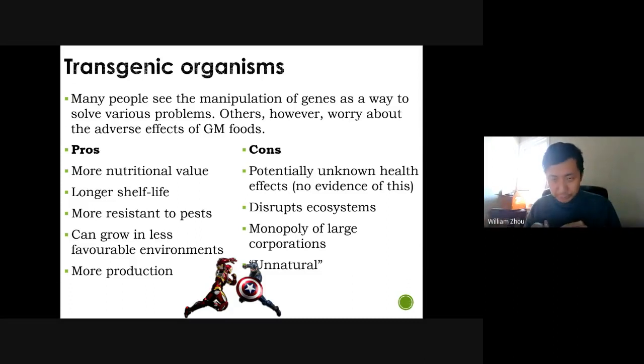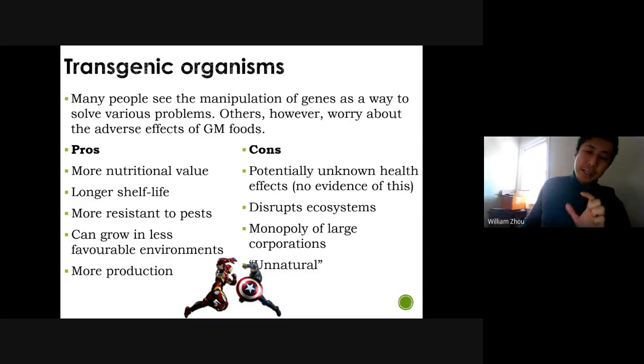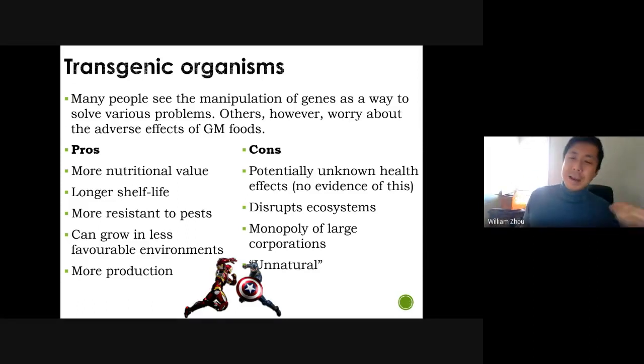Okay, what's the problem? A lot of people believe that GM foods can lead to health problems. Okay, there are no known health effects, despite the fact that there are many studies done on GM foods, and they all conclusively say that there are no adverse health effects of eating them. But since we cannot do any long-term studies, we don't know what will happen down the line.